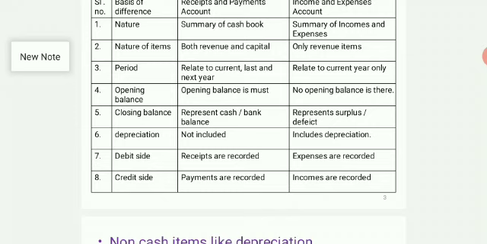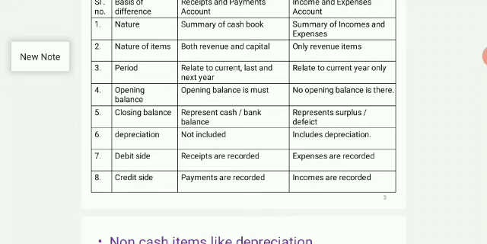The opening balance: the receipts and payments account must have the opening balance. The income and expenditure account does not have the opening balance. Closing balance: the closing balance of the receipts and payments account represents the closing cash or bank.